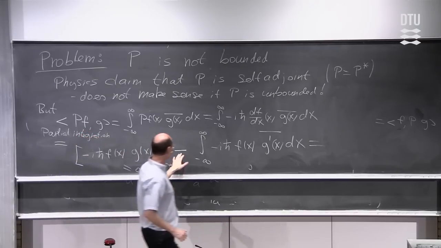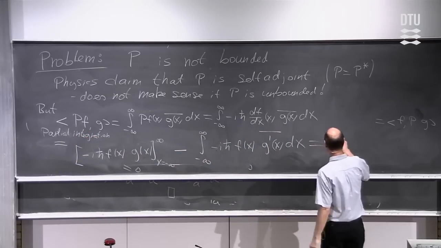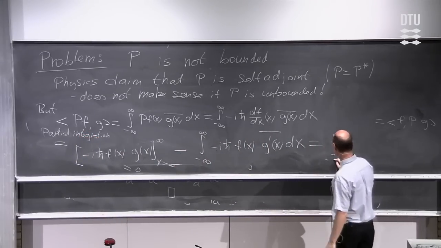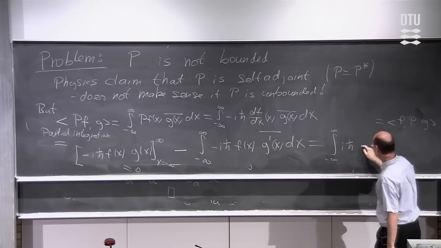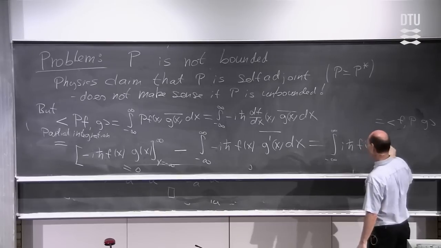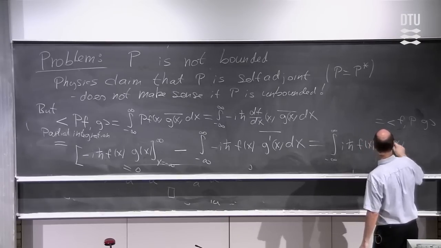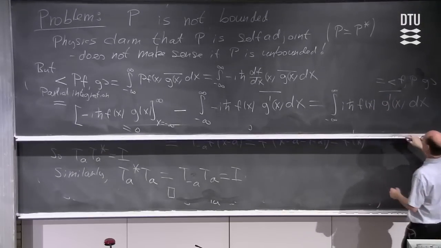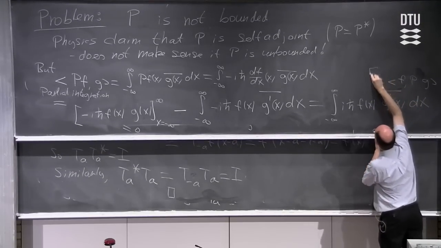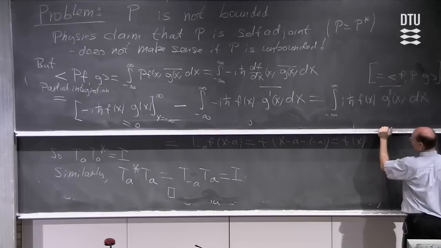Then what is left is minus, minus, which gives you a plus. So this is the integral from minus infinity to infinity, i h bar f of x, g prime of x, complex conjugated dx. So we want to get it back to something like this. This is our goal, to get something like this at the end.